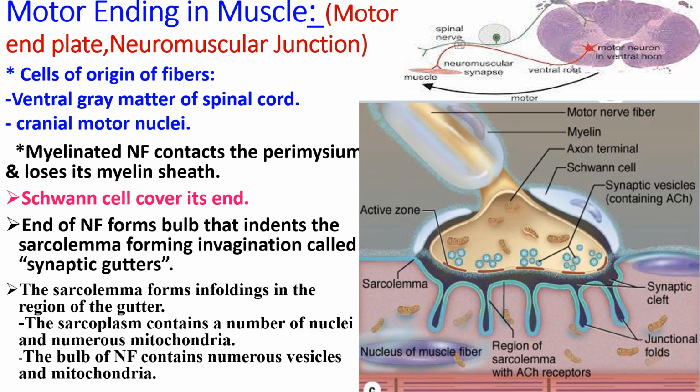The area under the bulb of the nerve fiber contains numerous mitochondria and a number of nuclei.